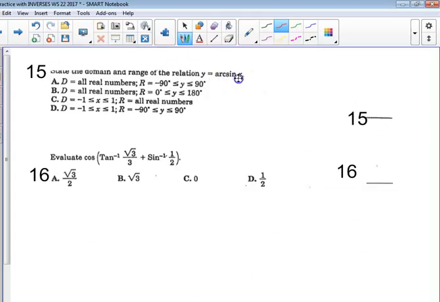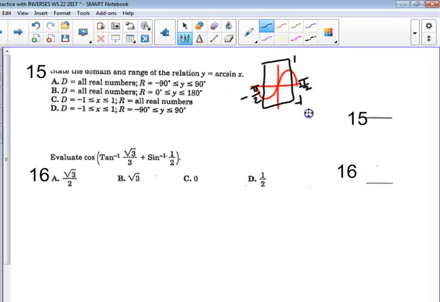The domain and range of arcsine. We wrote it on our little unit circle. If we think about it, this is the sine graph. Looks like this, right? So arcsine is restricted to this, which normally we would have -1 to 1 and negative pi over 2 to pi over 2.